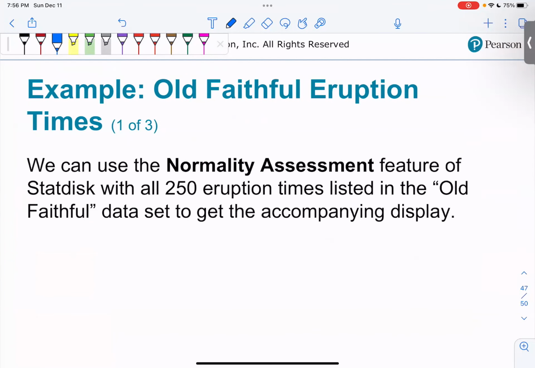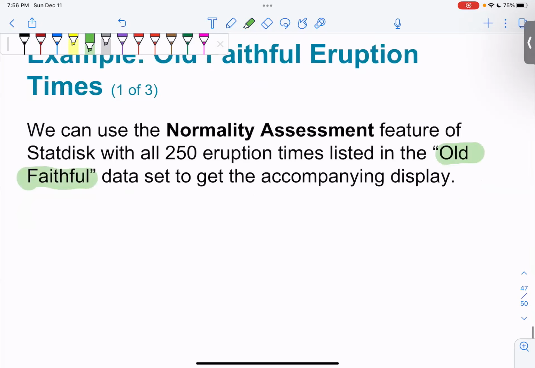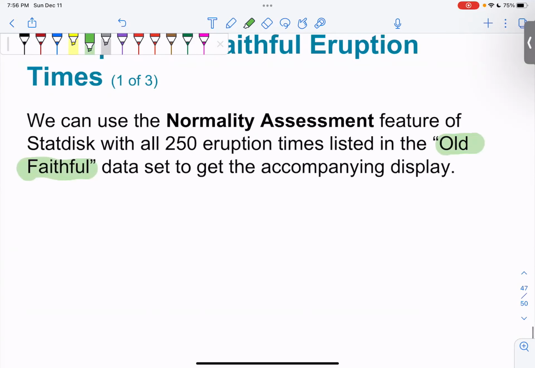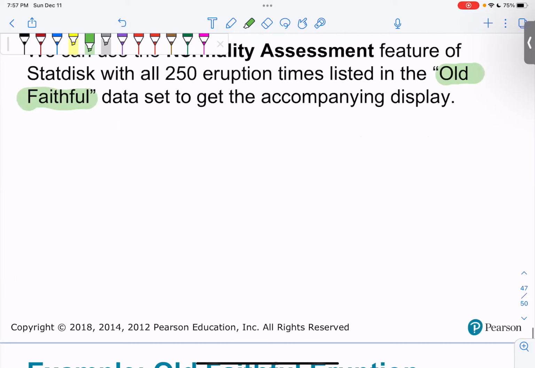Okay, so now we'll see this example here, which is the same example. Let's see what we have here, and then we can see it in StatDisk.